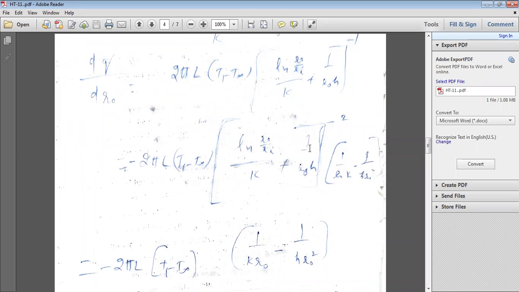here Ro to the power minus 1. H you can take as constant for a given value of H. That's why 1 by H into Ro to the power minus 1. What is the differentiation of Ro to the minus 1?